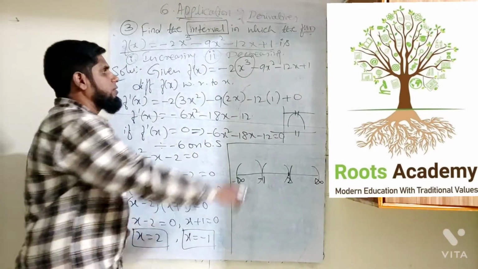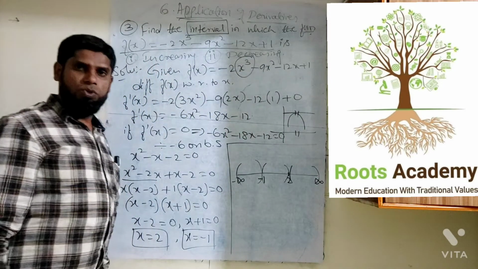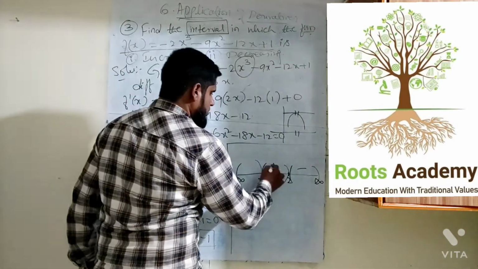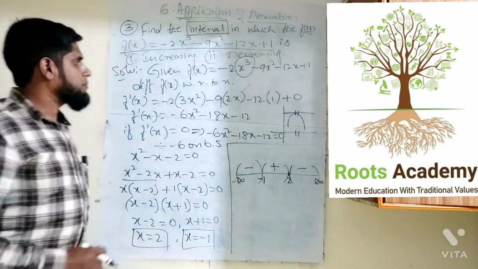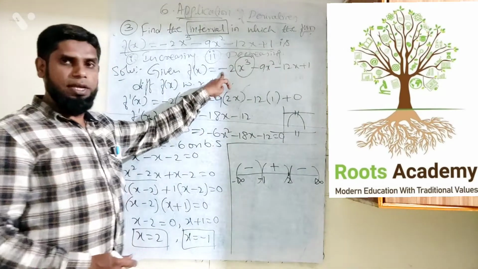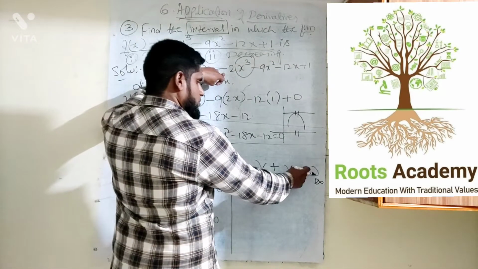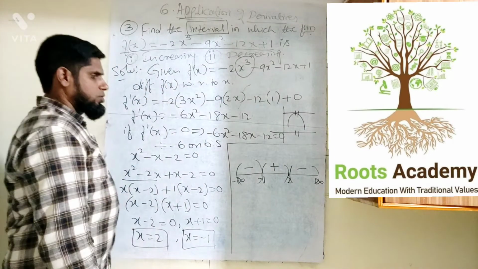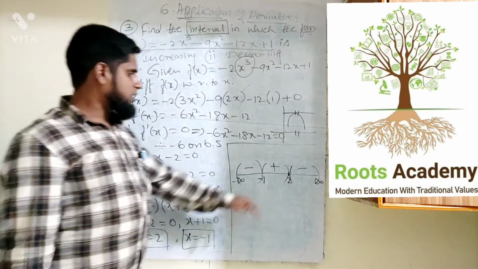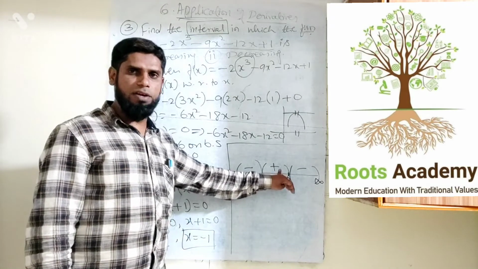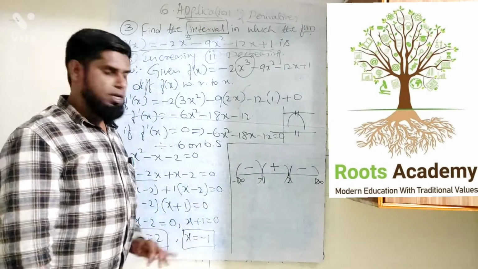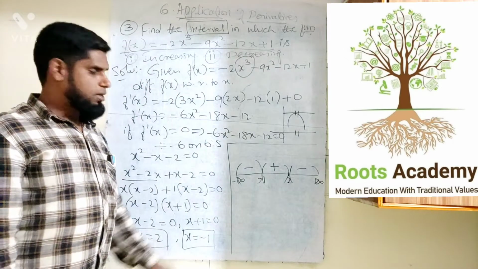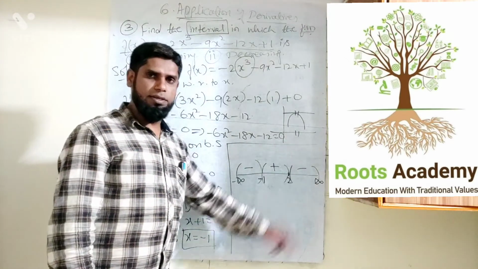But here you got negative sign, so the sign should be minus plus minus, because highest power of x has negative sign, so we should start with negative sign. The process remains same now. Wherever it is positive, only in that particular interval the function increases, and wherever we write negative, in that particular interval the function is decreasing.